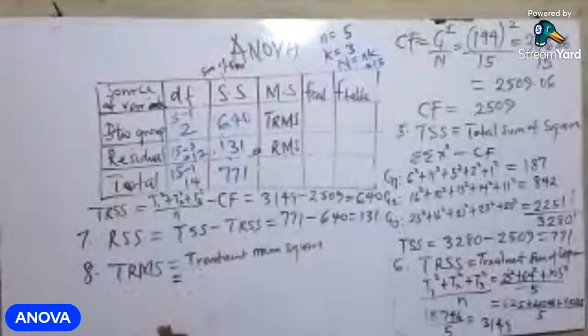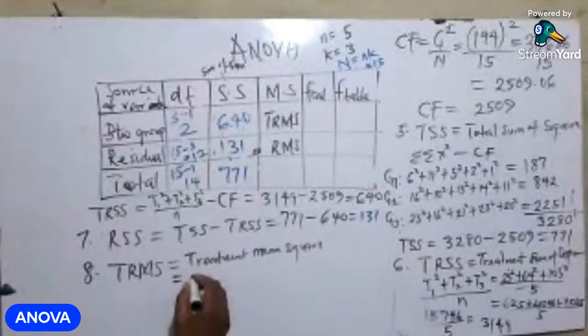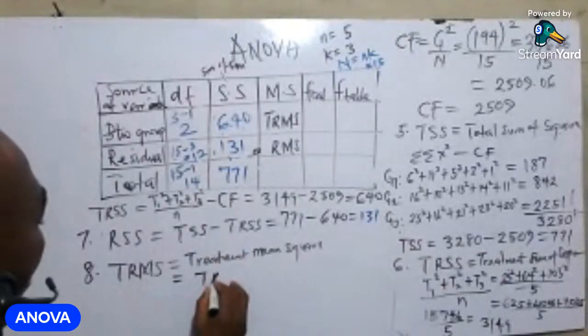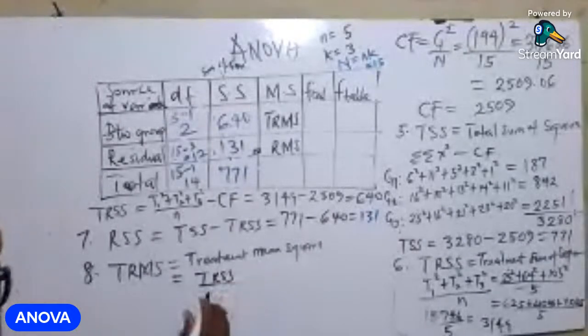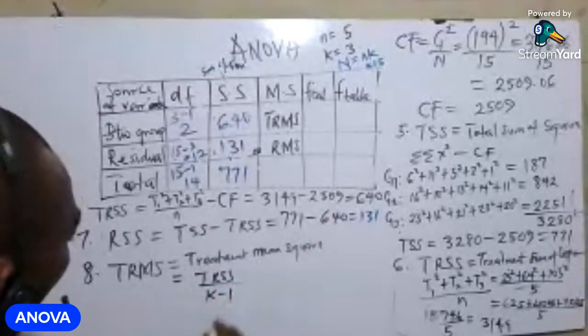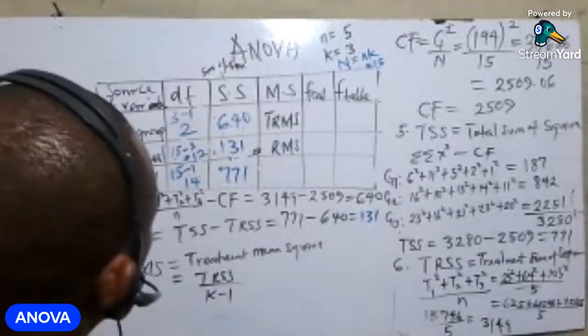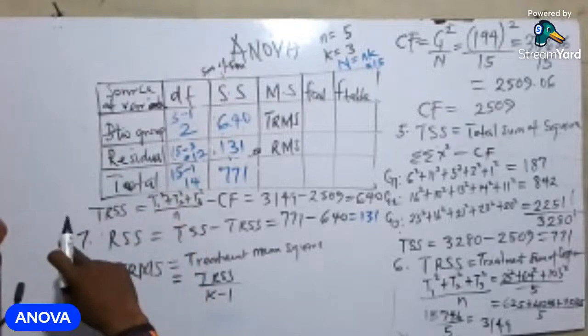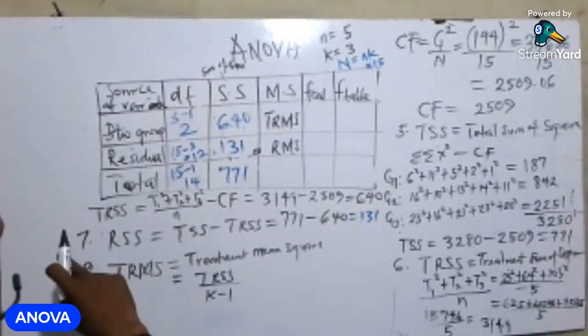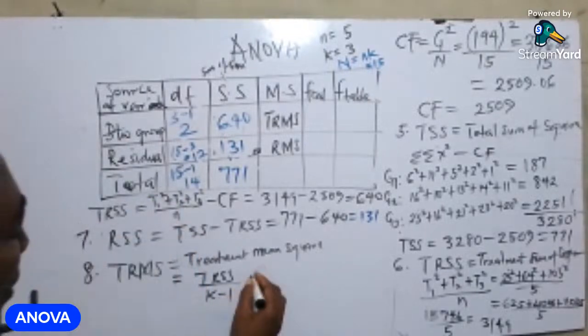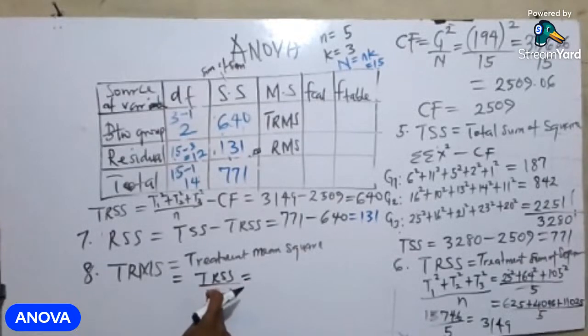So what is treatment mean square? The treatment mean square is just TRSS divided by K minus 1. You remember, we have got our TRSS before. So what is our TRSS?